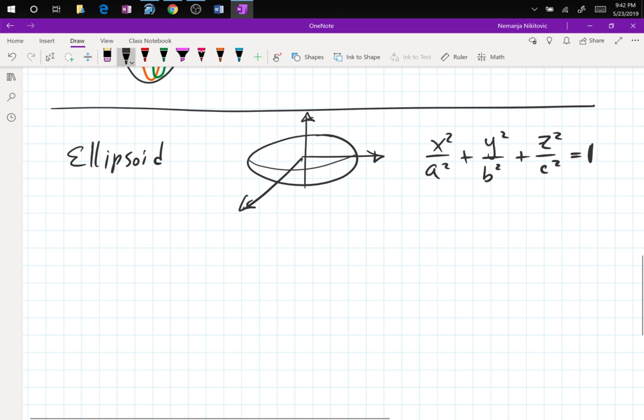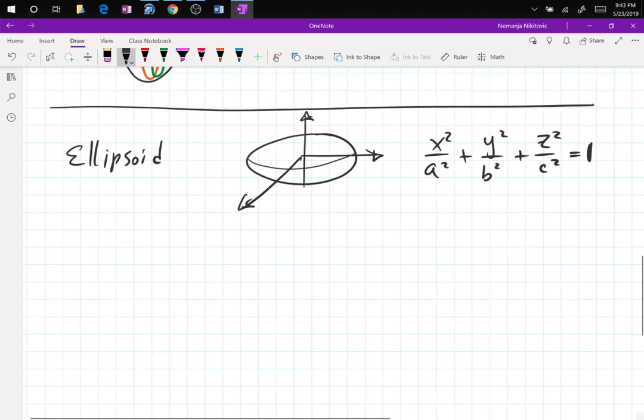If I cut with the xy plane, which is z equals 0, for the xy trace, z equals 0 kills this completely.